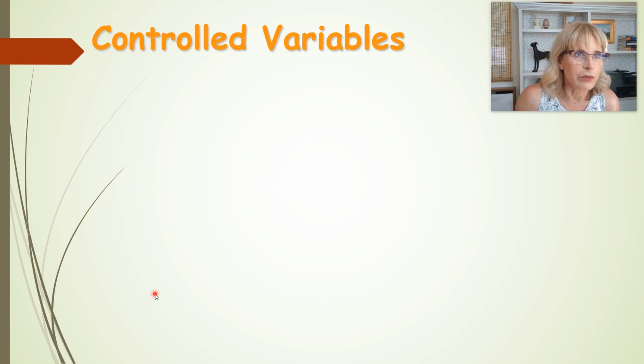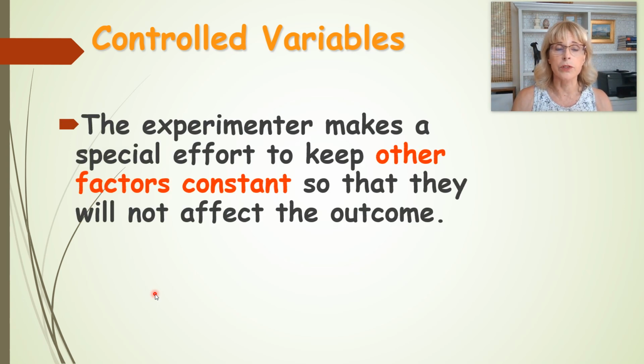That wouldn't be fair. So if you want to prove that how much light is changing how quickly the plants grow, then one of the things you need to do is keep everything except how bright the light is the same. And all those other things are the controlled variables.